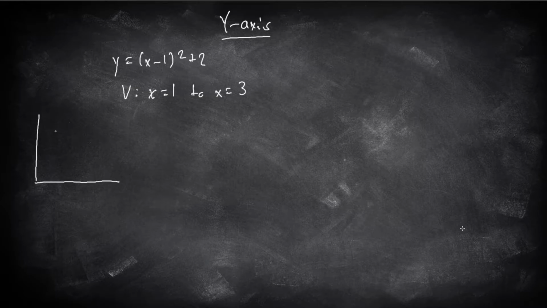Makes everything easier. We start from a vertex of (1, 2), and we go up to 3, and it follows the line of a parabola, because it's squared. So, looks something like this. And let's say this is 1, and say this is 3.